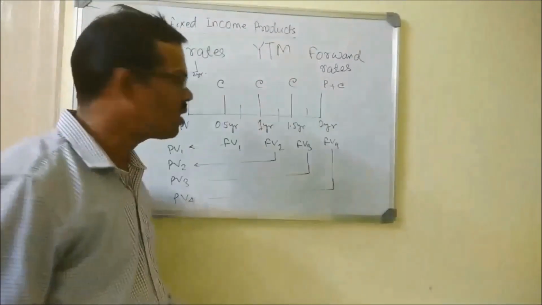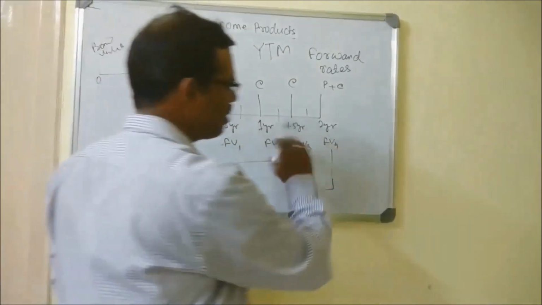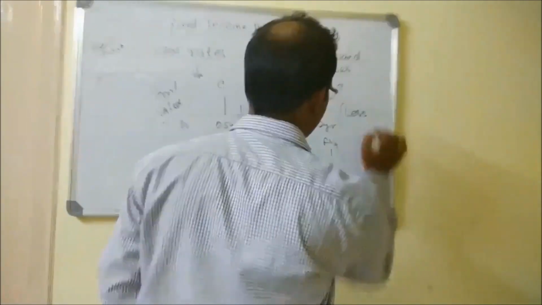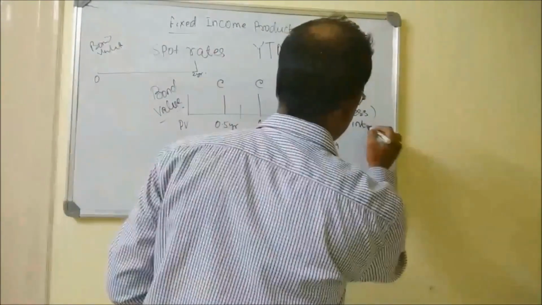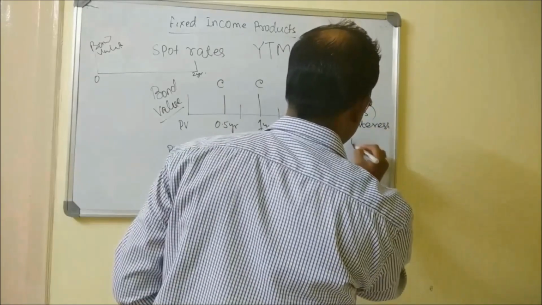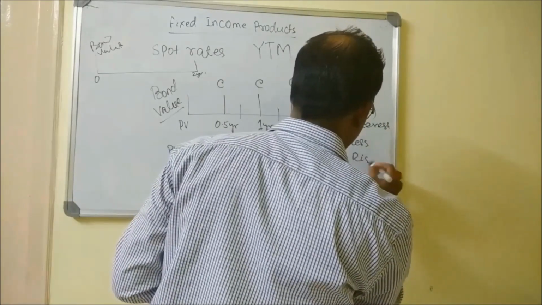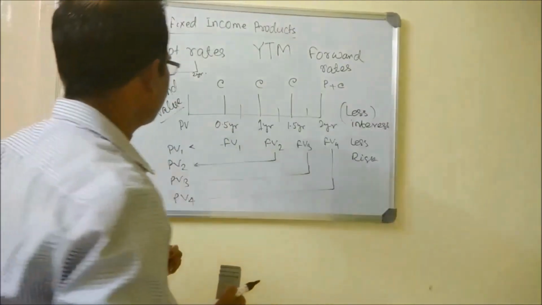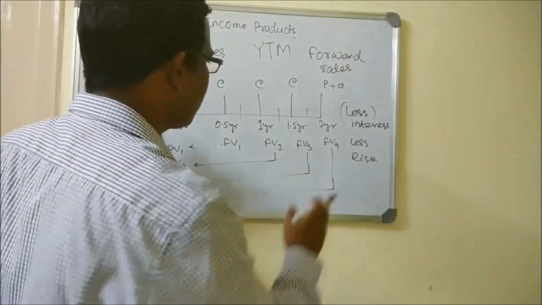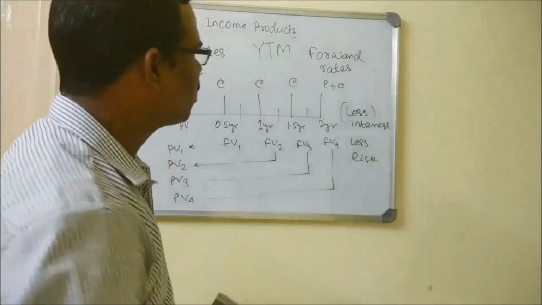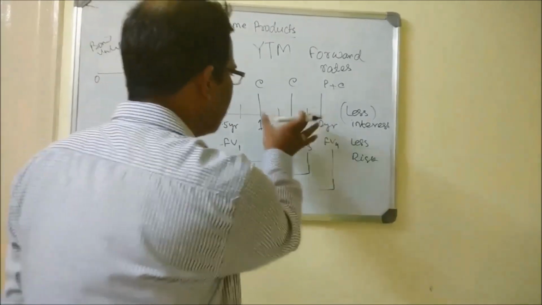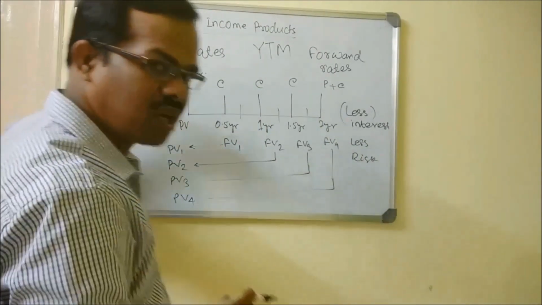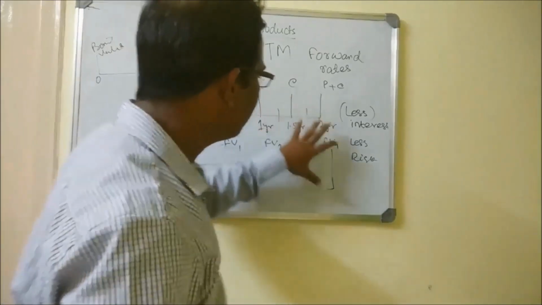Therefore, when you have lesser risk, the effective interest on this will be lesser, right? Obviously, because of less risk. Here it is the higher risk, so higher will be the interest rate. So if I take a relationship between the yield on this and the yield on this, obviously the yield will be increased, right? Now what is the yield on this?